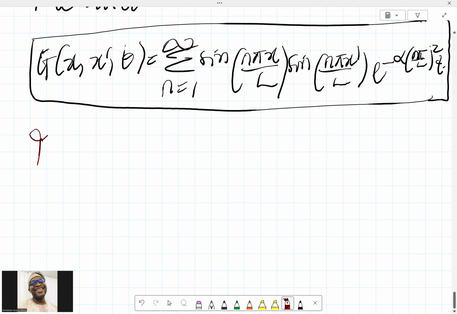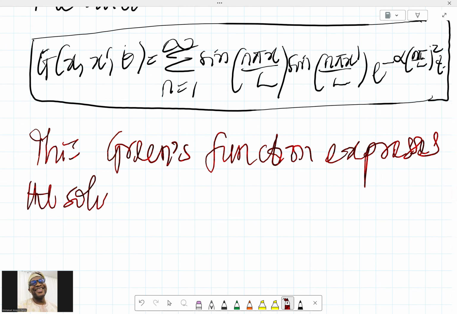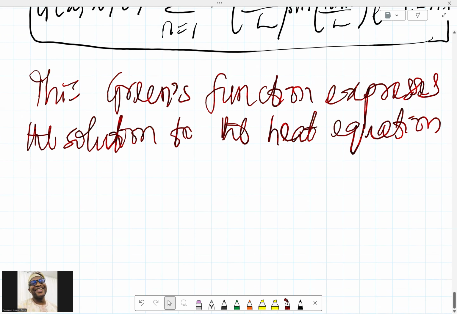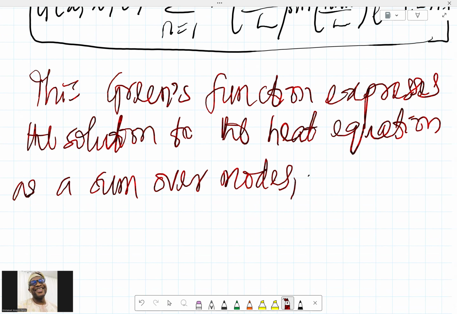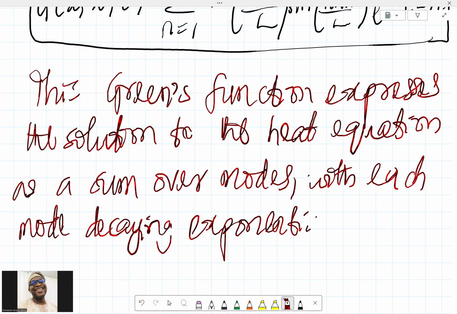So this Green's function expresses the solution to the heat equation as a sum over modes with each mode decaying exponentially over time.